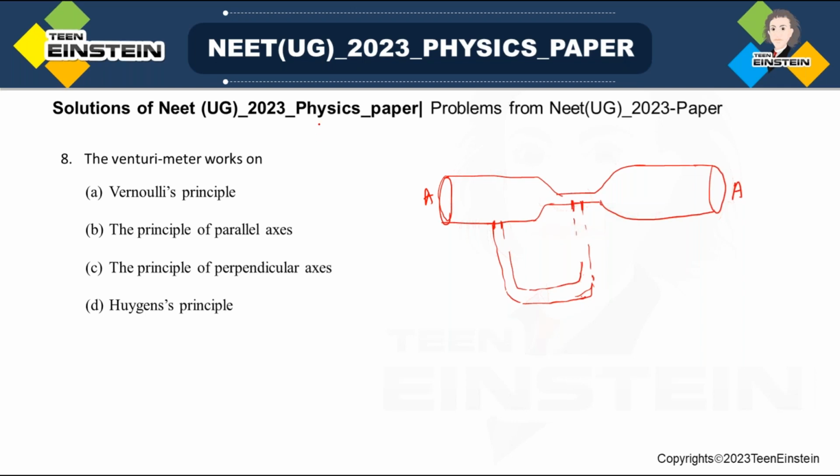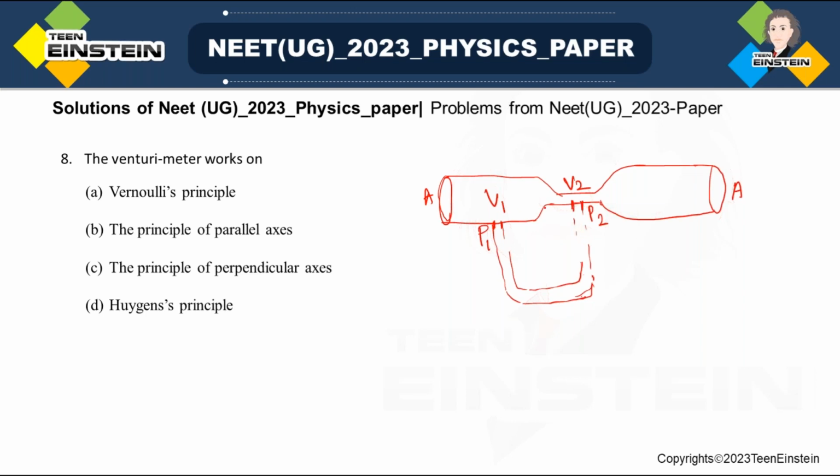So this is actually the Venturi meter, and the flow velocity will be calculated. The flow velocity is v1 through this and v2 through this. See, pressure will be different here, something like P1, and here P2.